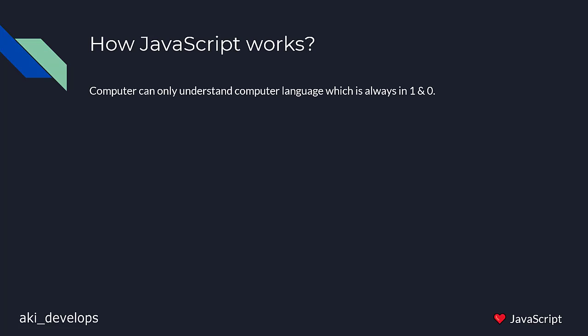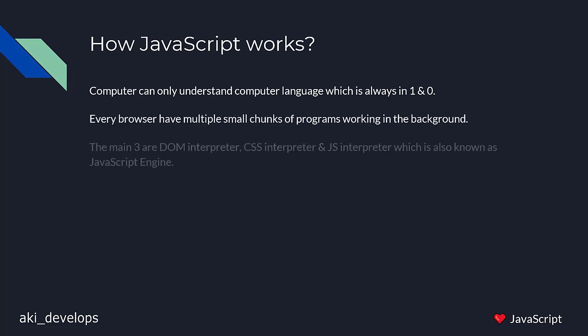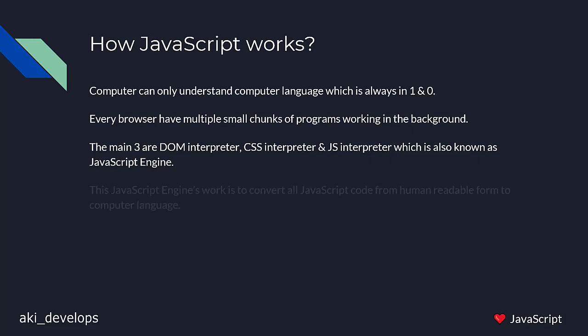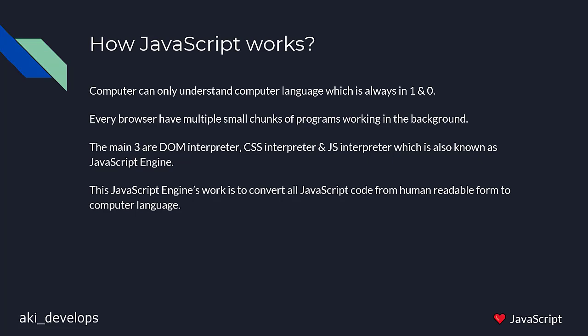Every browser is made of multiple small programs. The main three of them are DOM interpreter, CSS interpreter, and JS interpreter, which is also known as JavaScript Engine. This JavaScript Engine will convert all JavaScript code from human readable form to computer language, like this.